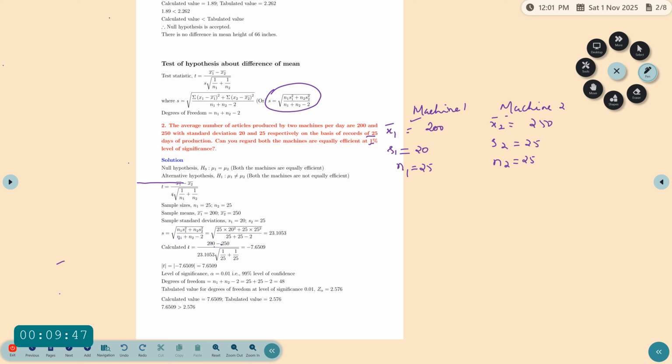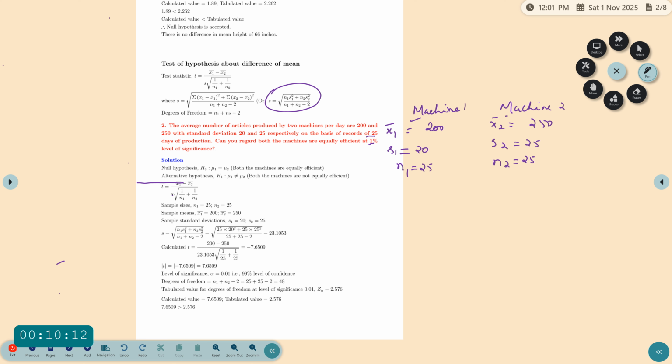When a negative value comes, we should not compare the negative value with the tabulated value. We need to make it positive, so we consider the modulus value of the test statistic. Modulus T is equal to negative 7.6509, which is 7.6509.